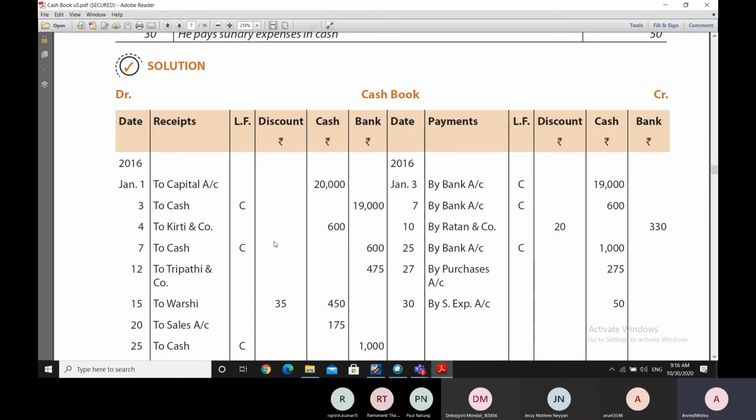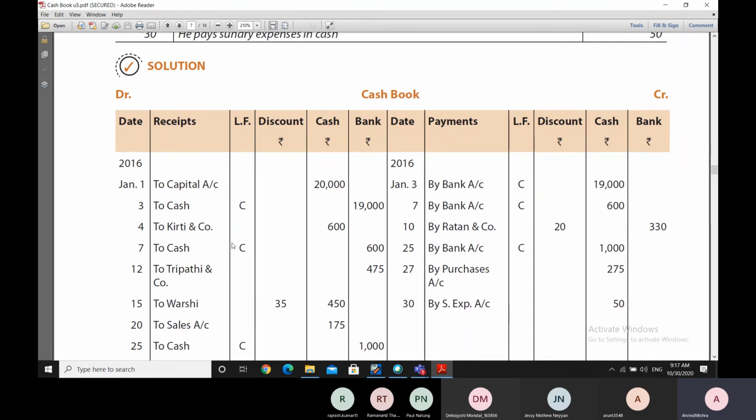But when we make a contra entry, what we do is that we debit the cash account. Here we are seeing this thing. By contra entry, we are showing that 600 rupees is received in the bank.